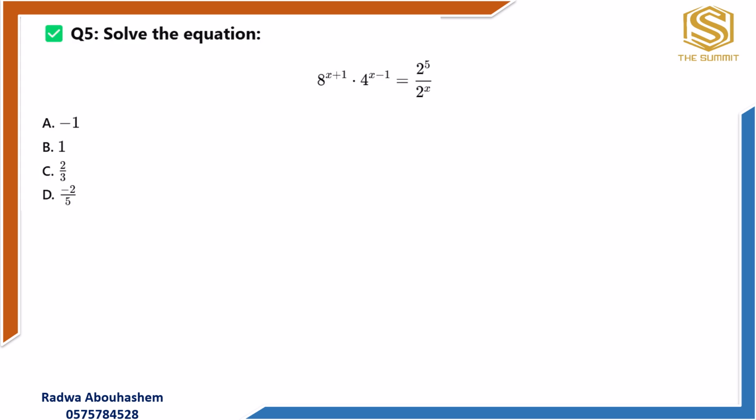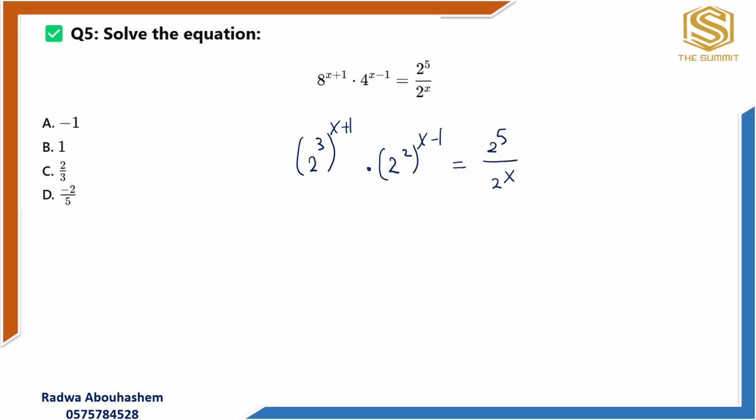Again, to solve any power or exponential equation, you have to make sure that the bases are the same. So here, 8 and 4, I can make them base 2. So this is 2 to the power 3, to the power x plus 1, times 2 to the power 2, to the power x minus 1, equals 2 to the power 5 over 2 to the power x.